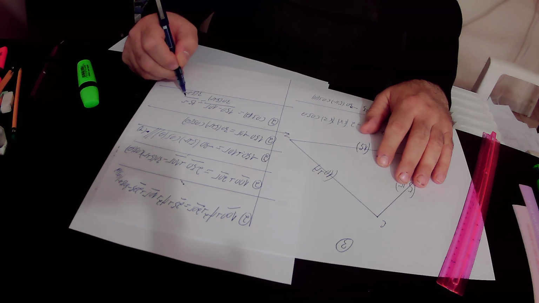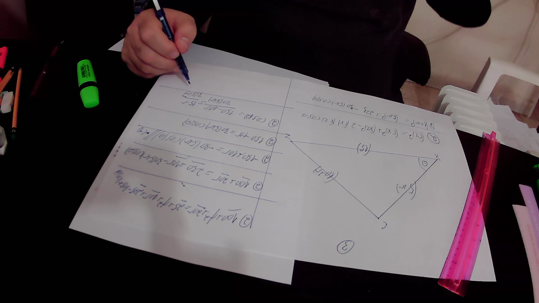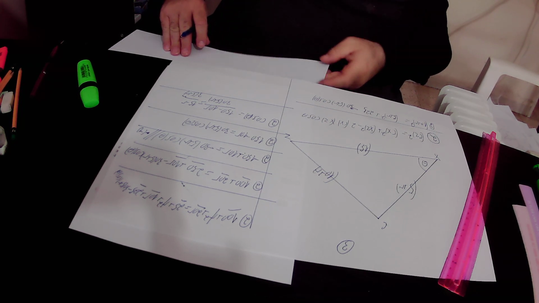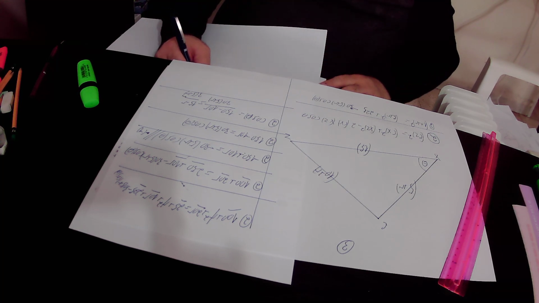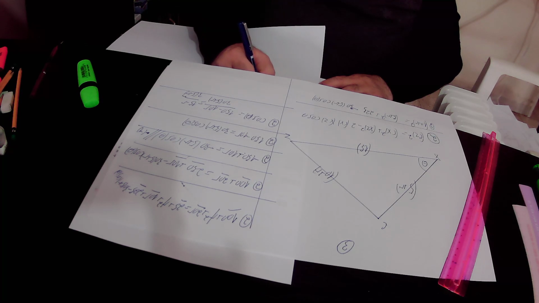So we actually found out that according to equation number 2, cosine theta is equal to (15 minus r) over 3 times (5 plus r).